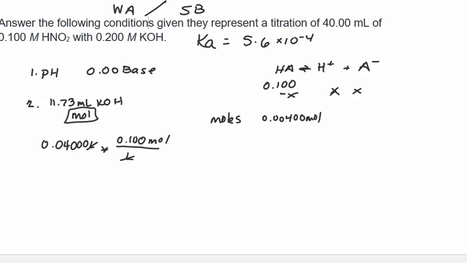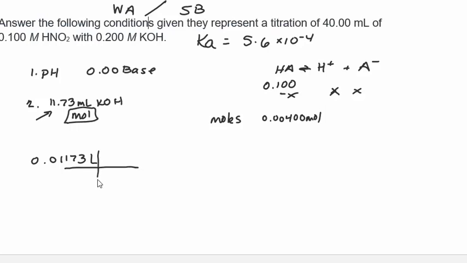Now I also need the moles of base, and I get the moles of base by taking the volume of my base in liters, 11.73 milliliters, and multiplying it by the molarity of the base, moles per liter. Liters cancel out, I'm left with moles, and I get 0.002346 moles of base.